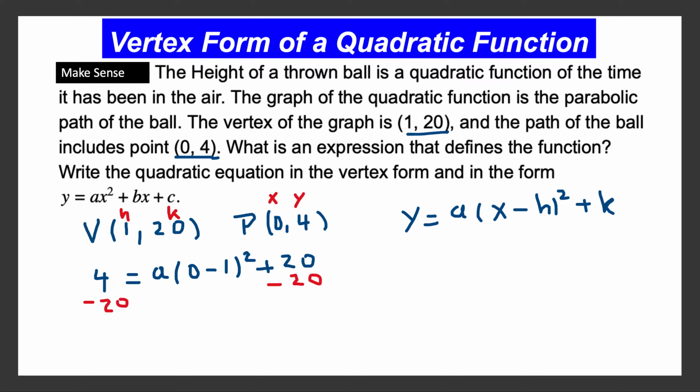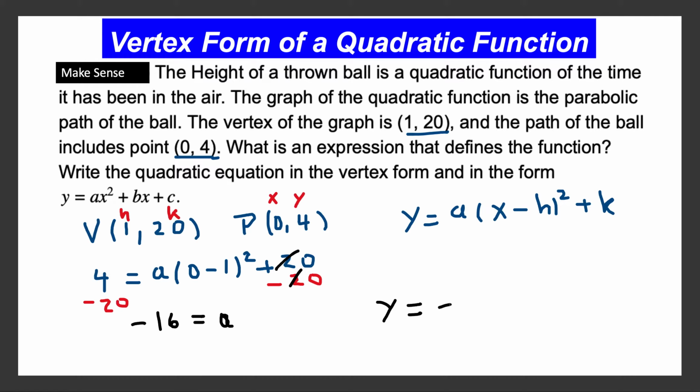Now 4 minus 20 is minus 16, and this is equal. 20 with 20 I can cancel, because they are the same item with different sign. And 0 minus 1 is minus 1, but minus 1 squared is 1. 1 times a is a. So here is a.